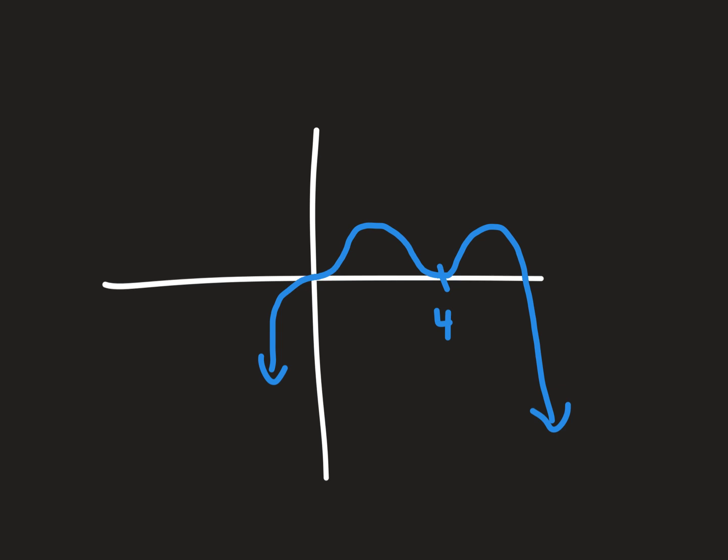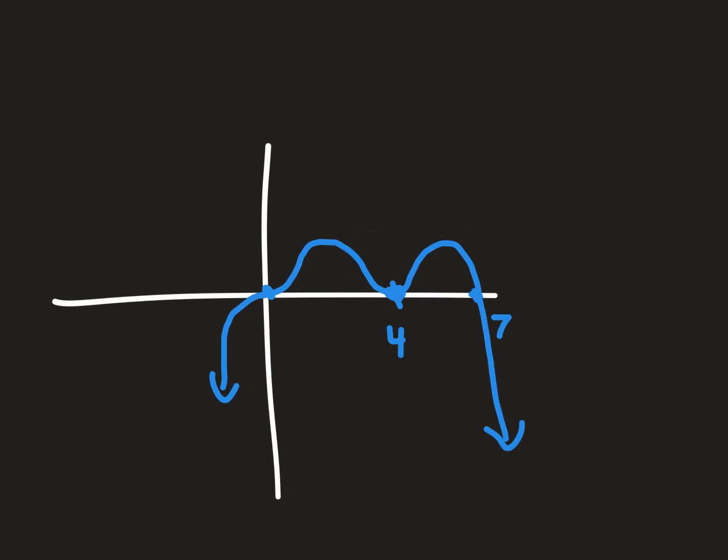And let's say this is at 7. That's where it's hitting it here and here. And this one's at 0, 0. One of these solutions is a triple root. One of them is a double and one of them is a single.